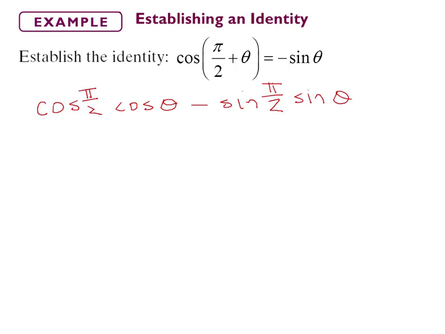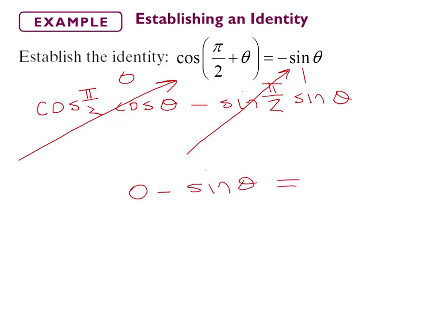What's the cosine of pi over 2? Yay, thanks, Luis. So this is 0. What's the sine of pi over 2? This is 1, so I get 0 minus the sine of theta, which equals minus the sine of theta. Okay? Easy enough?